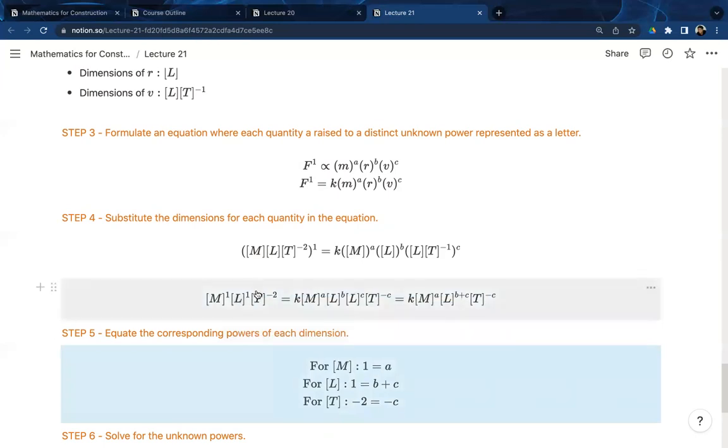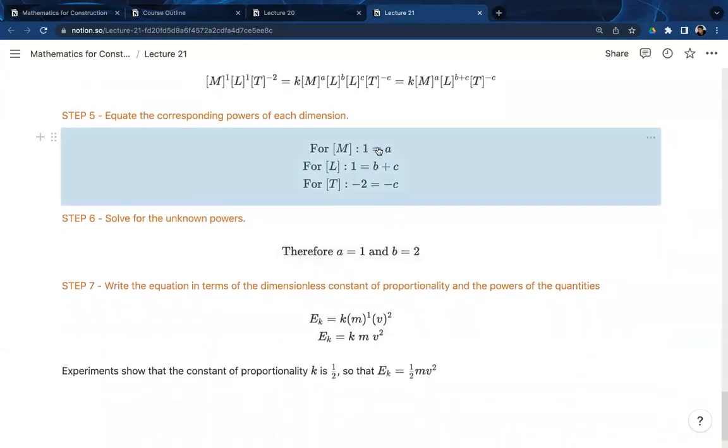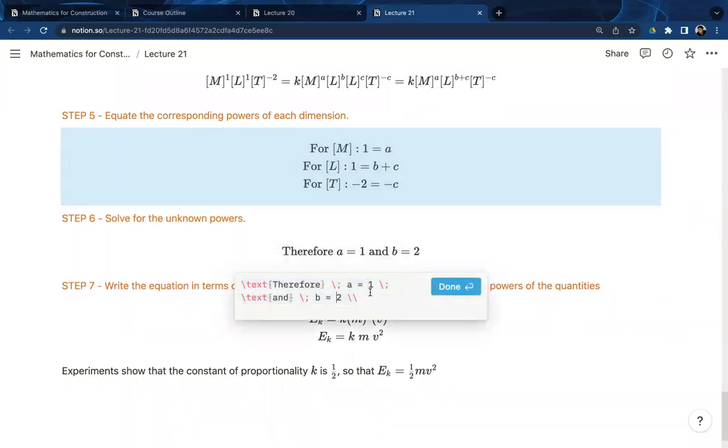Okay, remember, look at the left-hand side, L to the power 1, but this is L to the power B plus C. So 1 is equal to B plus C. And negative C is on the right-hand side, but negative 2 is on the left-hand side. So we have this situation here. Right? So therefore, what we could conclude here, we could say A is 1, C is definitely 2.